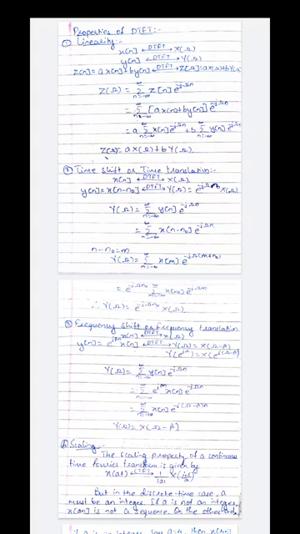The second property we'll be studying is time shift, or sometimes it is also referred to as time translation. And the statement for time shift property is, if x of n and X of omega are the transform pair, and if you shift the discrete time sequence x of n by n naught samples, which is represented by x of n minus n naught, this time shifted sequence is denoted by y of n.